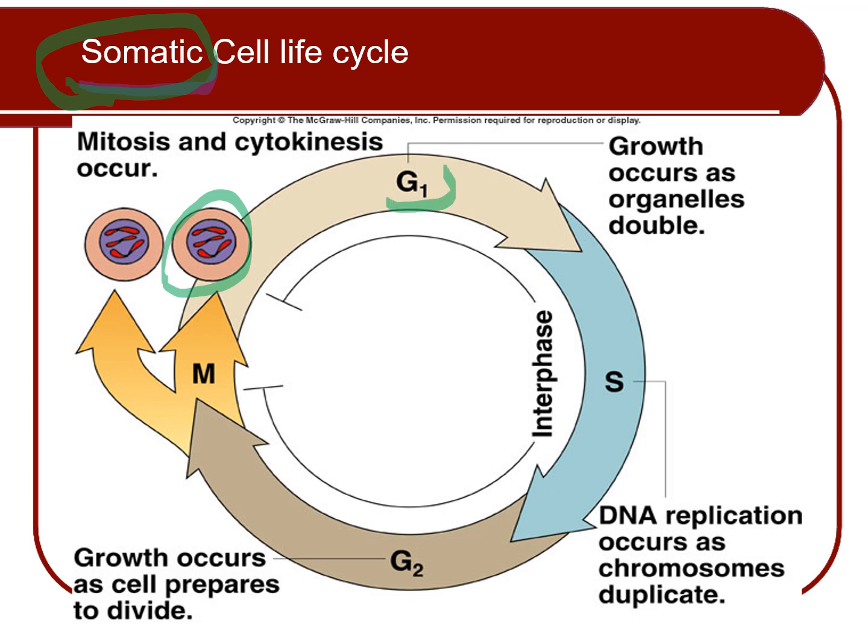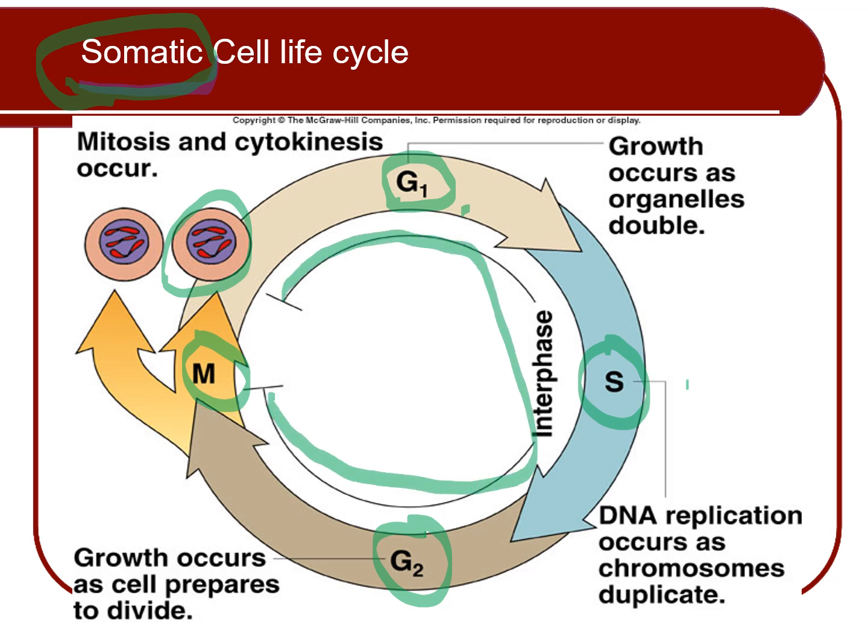The first one is called G1. The second is S, G2, and M. We're going to go through each of these in detail. G1, S, and G2 together make up what's called interphase. And then M is when the cell actually divides.